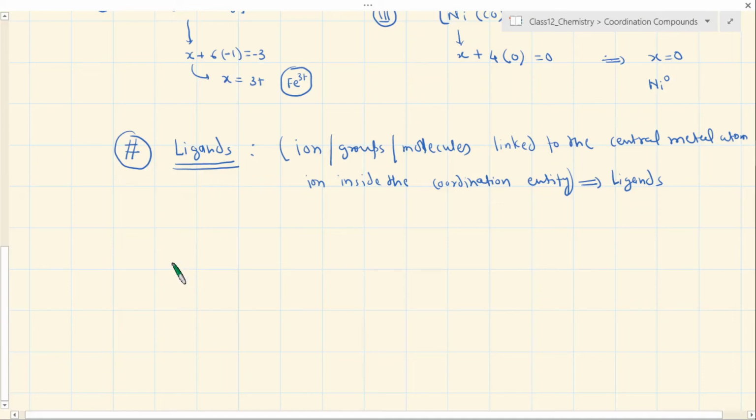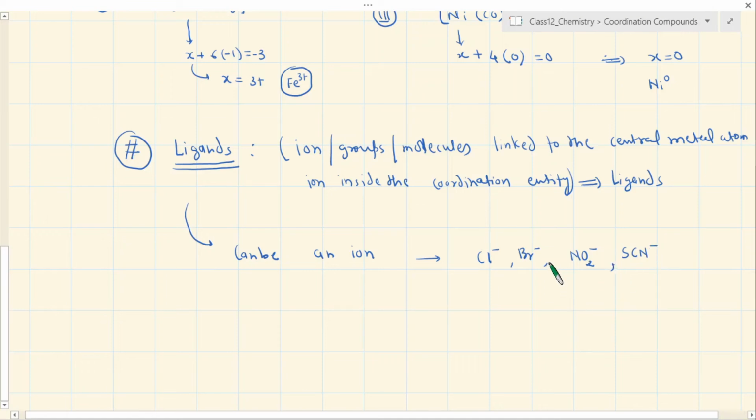In the simplest terms, first of all, your ligand can be an ion. It could be an ion. For example, you may have Cl minus, halogens, negative ions of halogen. It could be Br minus, I minus, etc. Or it could be a group of atoms forming an ion like NO2 minus or thiocyanate.